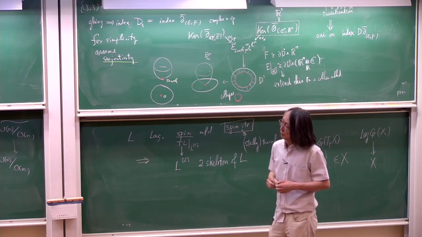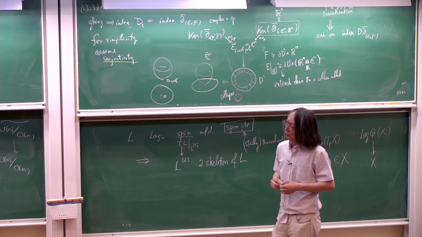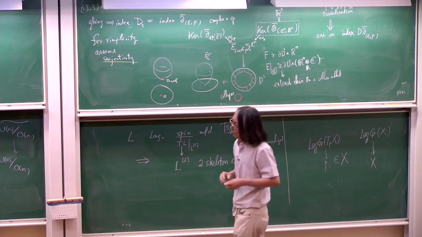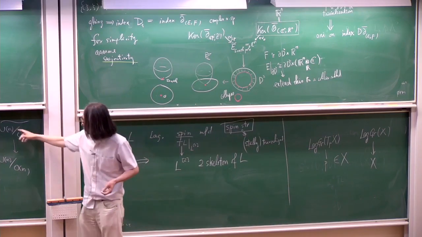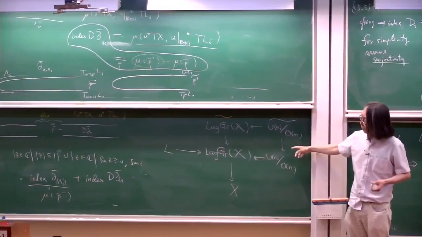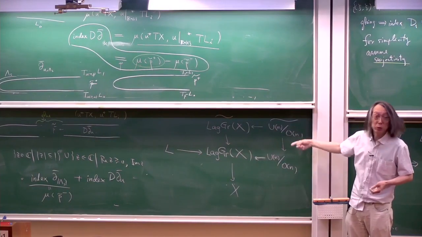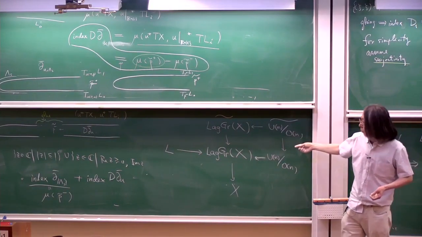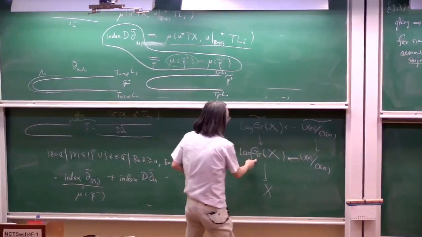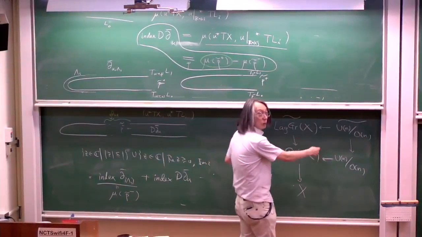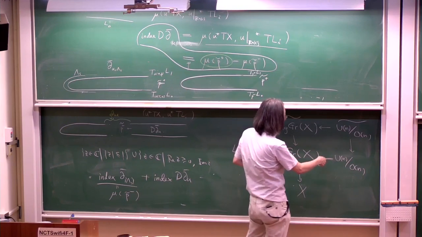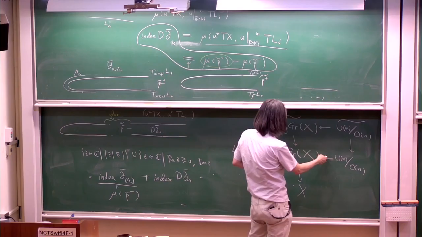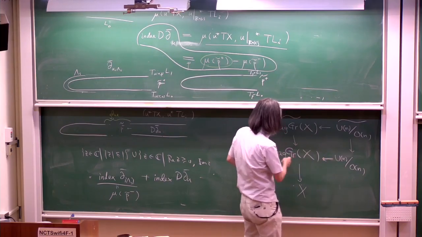For instance, in the fiber you have a fundamental group. But this loop may be null homotopic in this space.